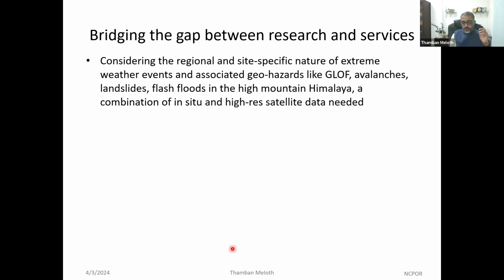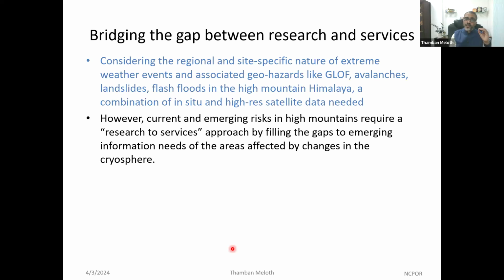However, unless you are able to put that up, any of such current and emerging risks in this region also require a research to services approach. It's one thing to understand a process and understand the impact.